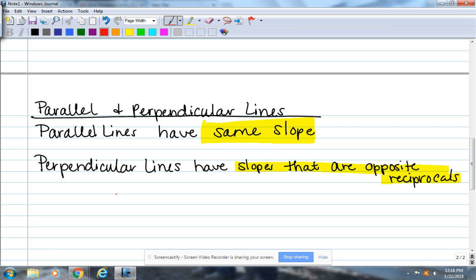For example, if I have a slope that's 2/3, well, the opposite reciprocal of that, reciprocal means that you flip the fraction upside down, so that's 3/2. And the opposite or the negative means you change the sign. So we're going to take the original slope. To get the perpendicular slope, we will find the reciprocal and then change the sign.